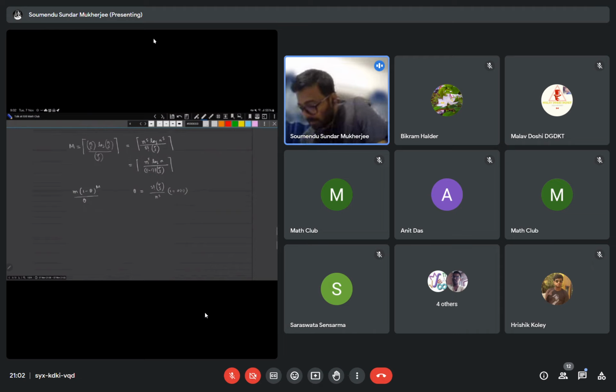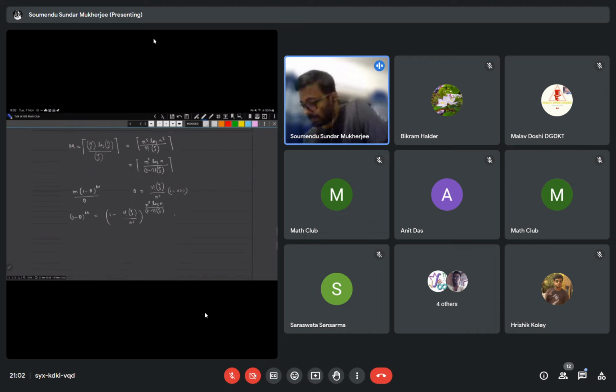So what is 1 minus theta to the power m? It is 1 minus s factorial r to the s over n to the s. And m is basically n to the power s, log n by s minus 1 factorial, r to the s. Right?